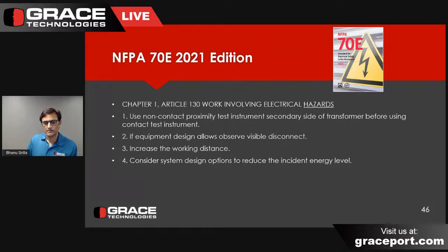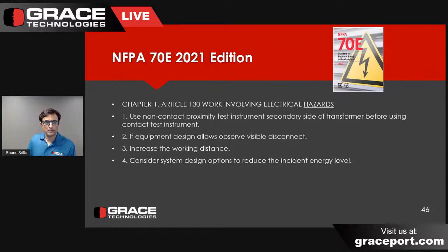And this would be applying the hierarchy of risk control methods at the end of the day. So it says if you have to reduce risk, use a non-contact proximity test instrument to test the secondary side of the transformer for absence, or observe visible disconnect, or increase the working distance, which drives down the incident energy, or consider system design options to reduce incident energy.